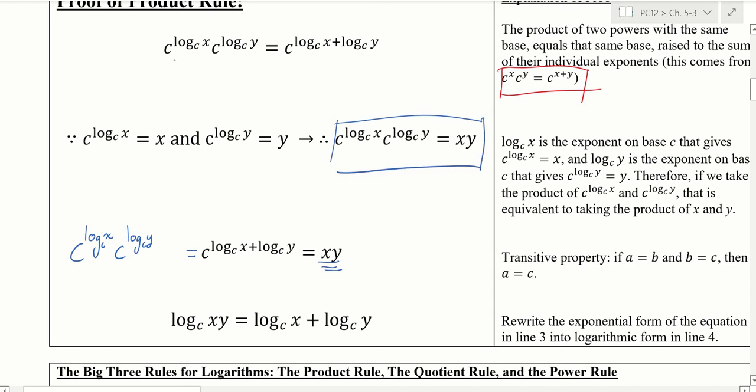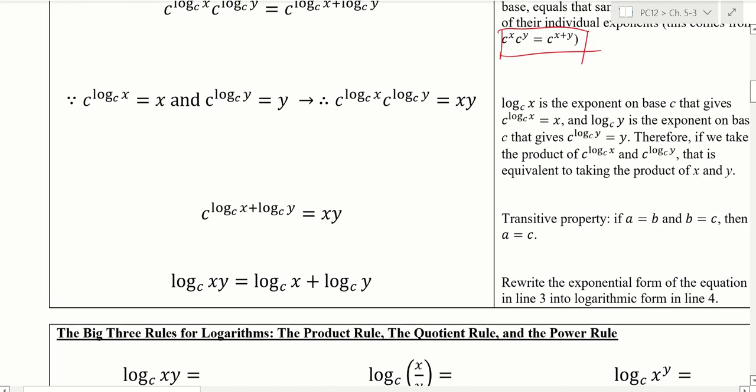We know that c to the power log base c of x times c to the power log base c of y is equal to c to the power log base c of x plus log base c of y, which is also then equal to x times y. So hopefully that line is relatively clear. We are getting some meaty, beefy expressions going on here, so it takes a while for it to all click. But this is our next line. We see that c to the power of this sum of logarithms is just equal to x times y.